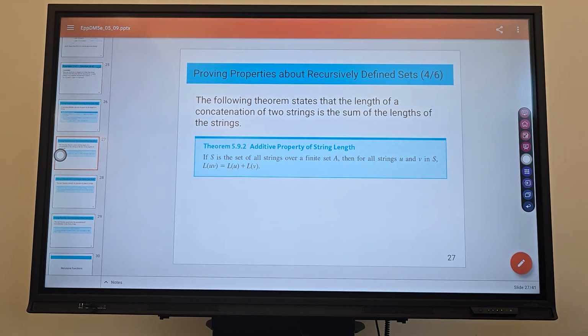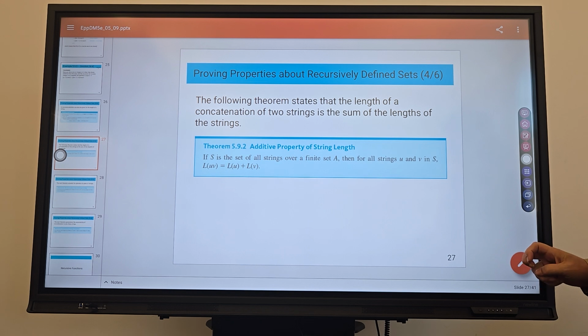The following theorem states that the length of the concatenation of two strings is the sum of the lengths of the strings. If S is the set of all strings over a finite set A, then for all strings u and v in S, the length of uv equals the length of u plus the length of v.